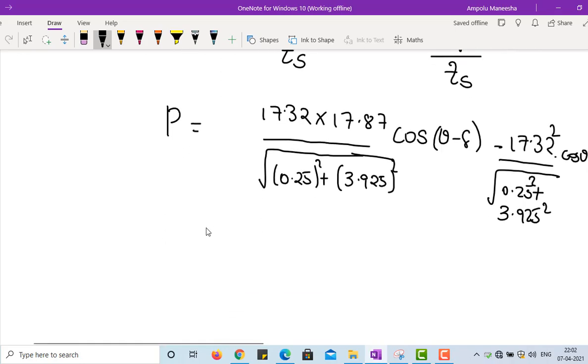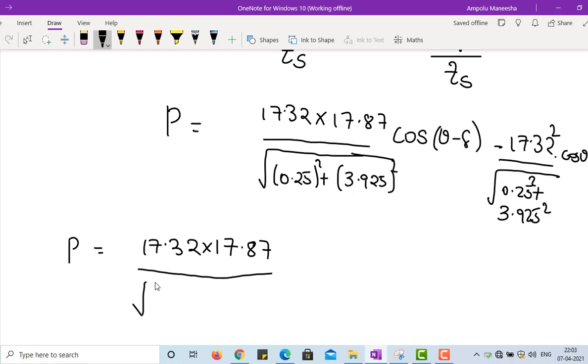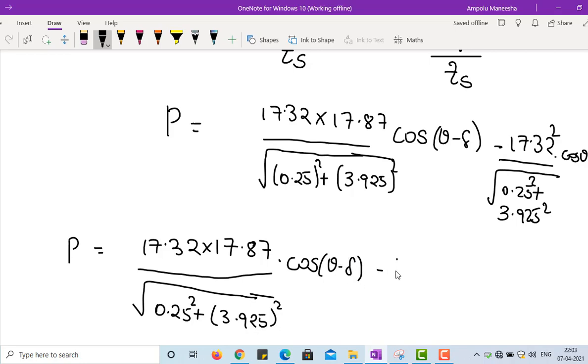So, if we simplify, P is equal to 17.32 into 17.87 by root over 0.25 square plus 3.925 square into cos theta minus delta minus 17.32 square into cos theta. How we can write it? We can write it as R by Z, right?